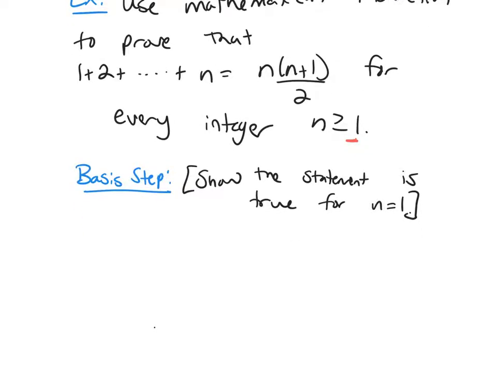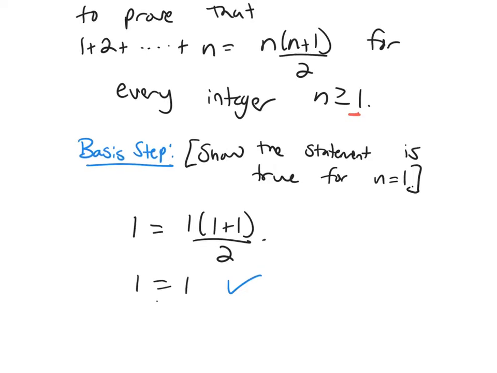So let's look. If n is 1, what is the left-hand side? 1. The right-hand side is 1 times (1 plus 1) over 2. And that equation is true. It says 1 equals 1. So we've established that the formula is true for n equals 1, which was our basis step.